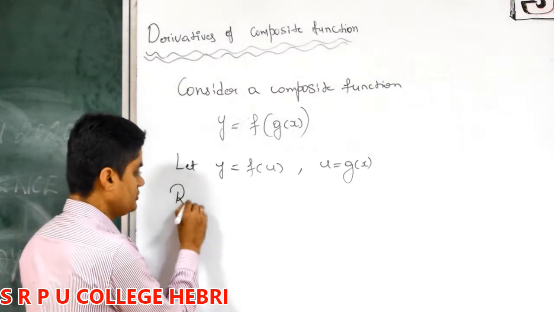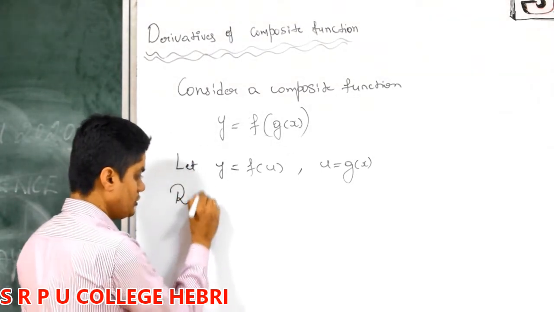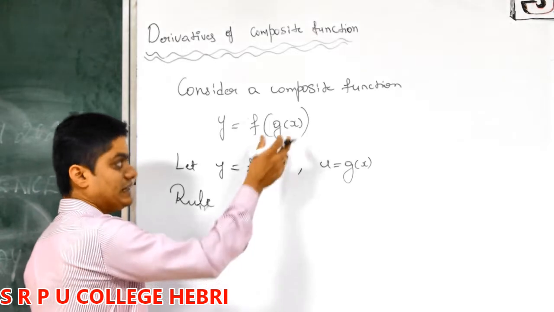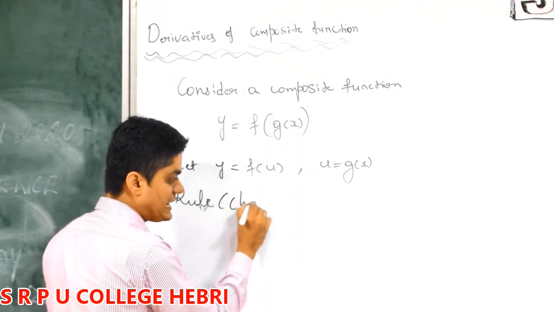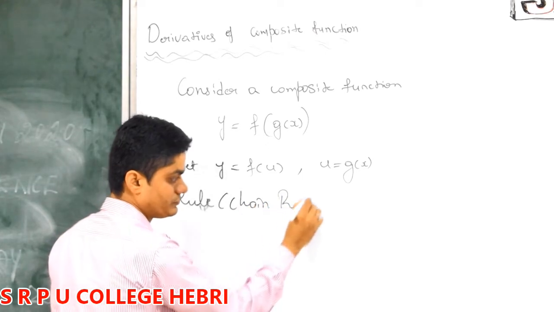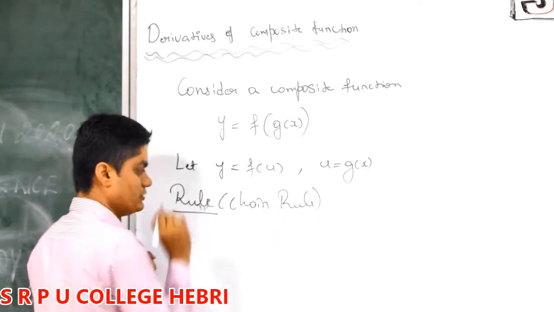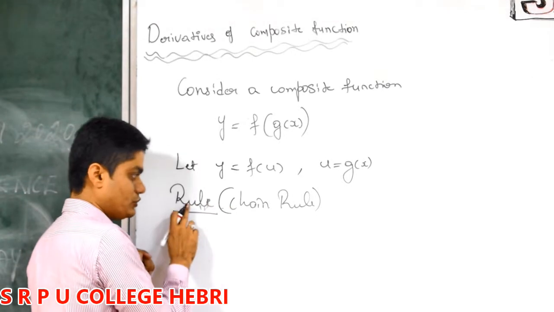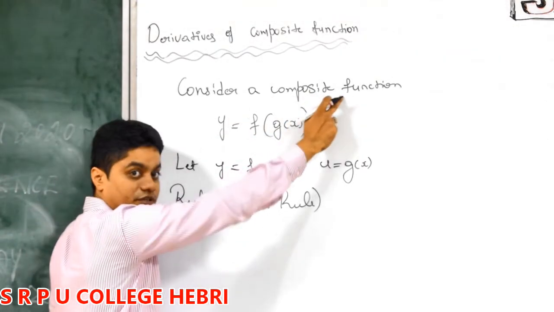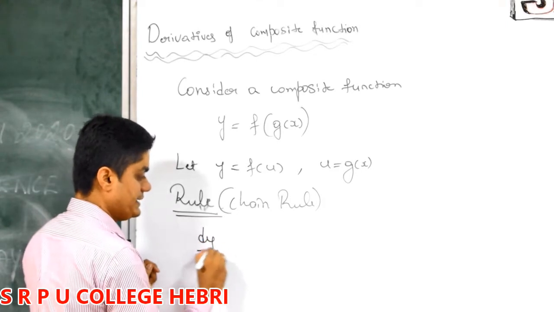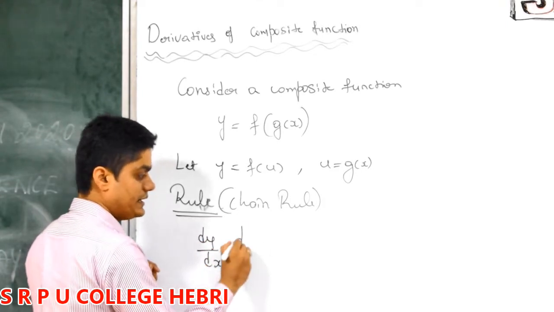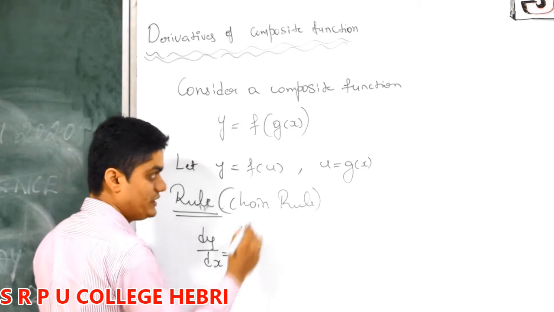Then the rule to find the derivative of this composite function is known as the chain rule. Remember, the rule to find the derivative of a composite function is called the chain rule, and the rule is dy by dx is equal to dy by du, into du by dx.